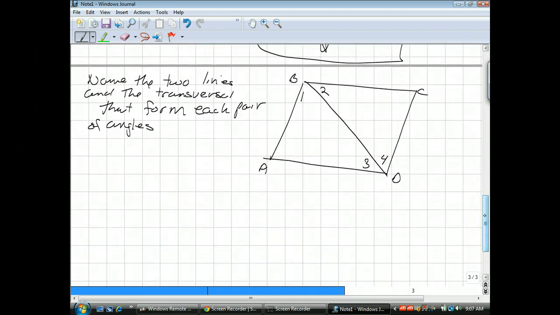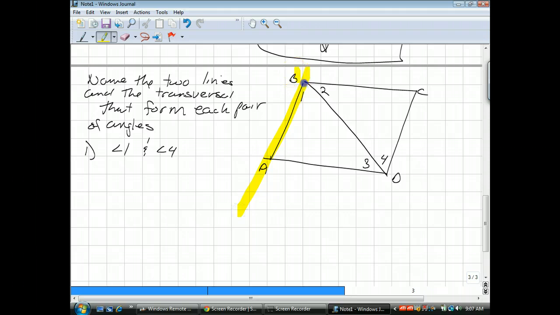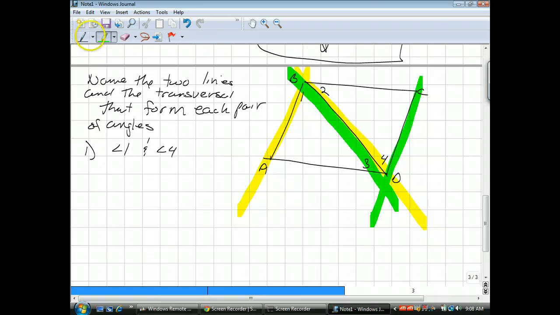So, angle 1 and angle 4. Angle 1 is formed by this line and this line. Angle 4 is formed by this line and this line. Notice that the two angles share line DB, and so the one that they share is the transversal.